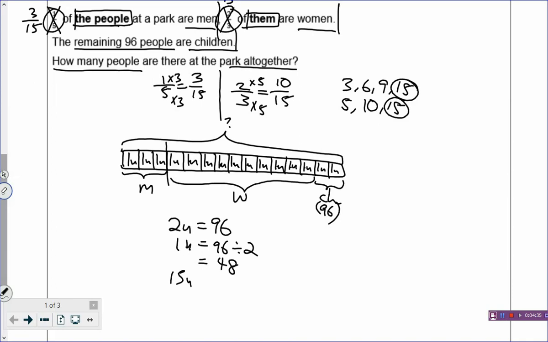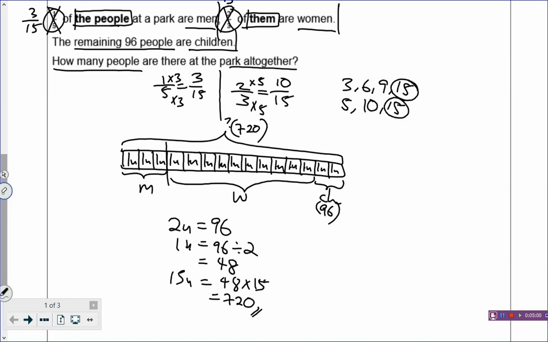There are 15 units of people altogether. So you have 48 times 15. Alright, we are going to skip the working so that we can focus more on the model drawing. So you have 48 times 15 and you will have 720 people at the park altogether. And you solve the problem.